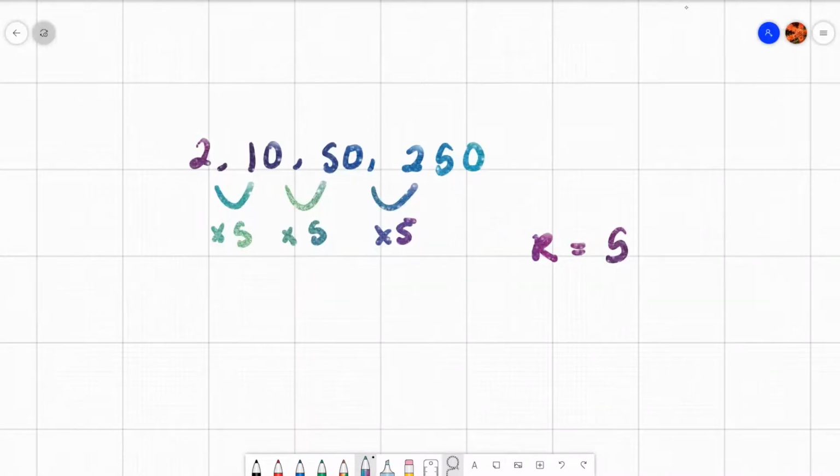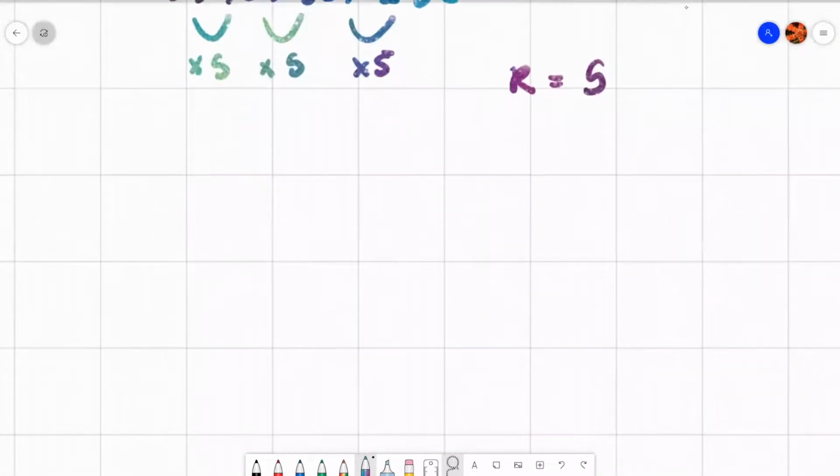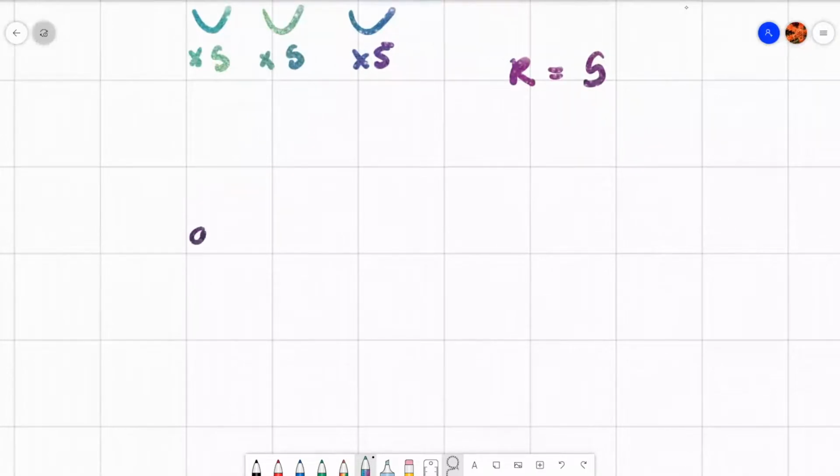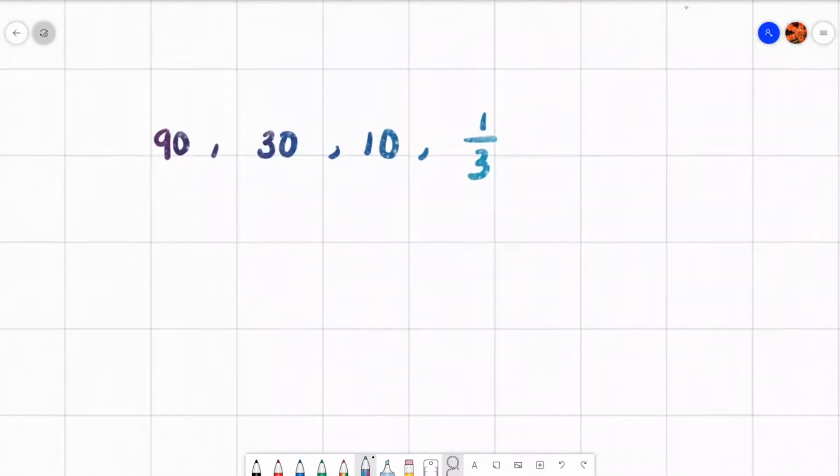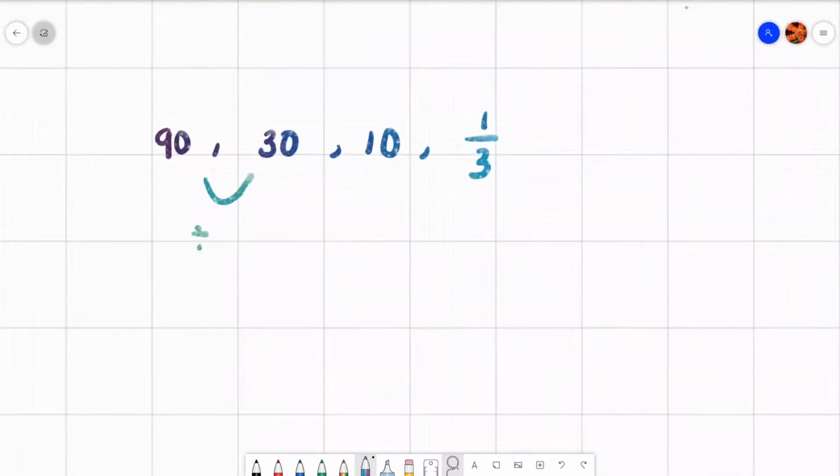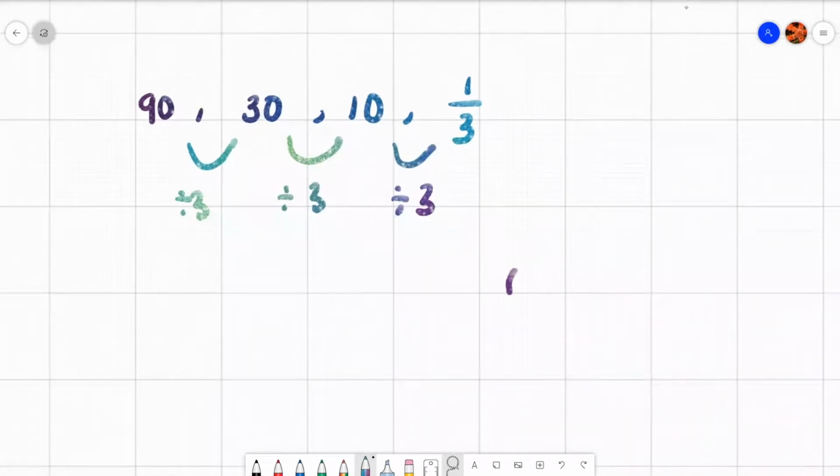For example, when we had the other sequence, which was 90, then 30, then 10, then a third, you are dividing by 3 each time, aren't you? So divide by 3, divide by 3, and divide by 3. Okay, and because you are dividing by 3, your common ratio here is a third, because divide by 3 is exactly the same as a third. Okay, a third means divide by 3 in maths.